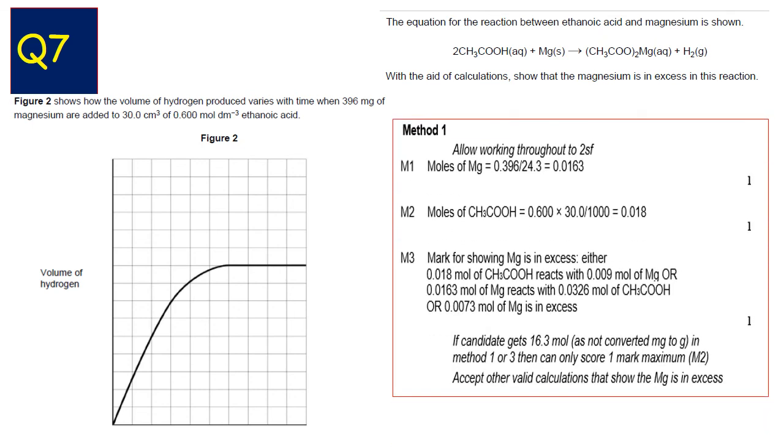So here's one method: work out the moles of the ethanoic acid, and then see which one's in excess. So you can say that with the moles of magnesium there is 0.0163, so you need double that for the ethanoic acid, and clearly we have much more magnesium available, so that is in excess.